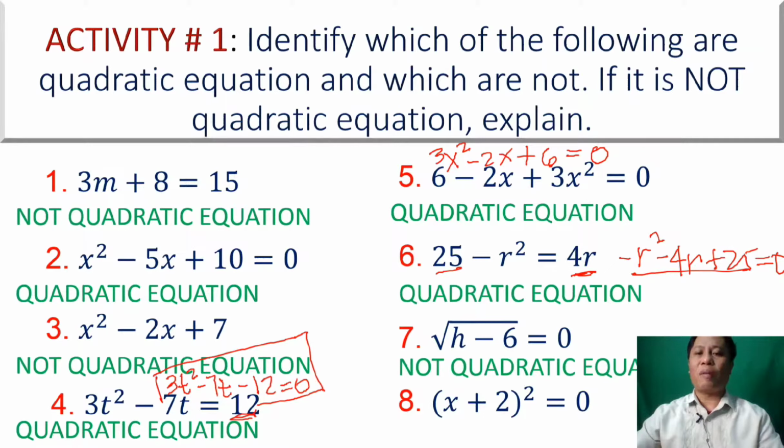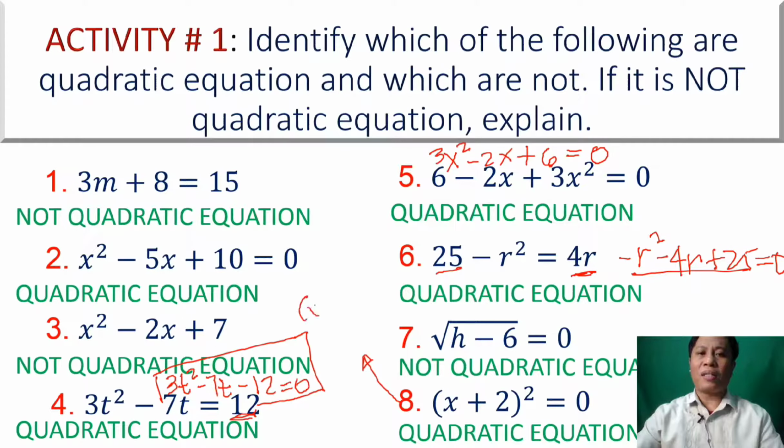Okay, so how about number 8? The square of x plus 2 equals 0. So that's a quadratic equation. If you want to write that in standard form, you simply square x plus 2. When you see the square of x plus 2, it means x plus 2 times x plus 2 equals 0.